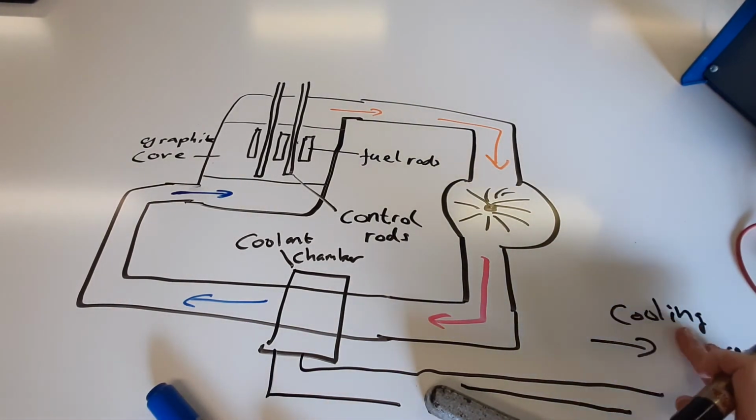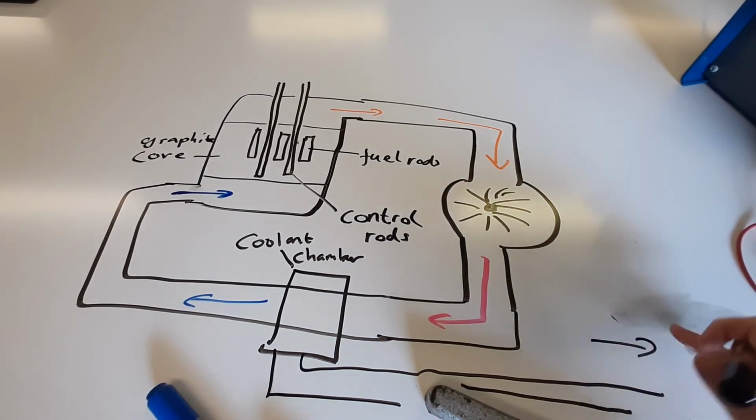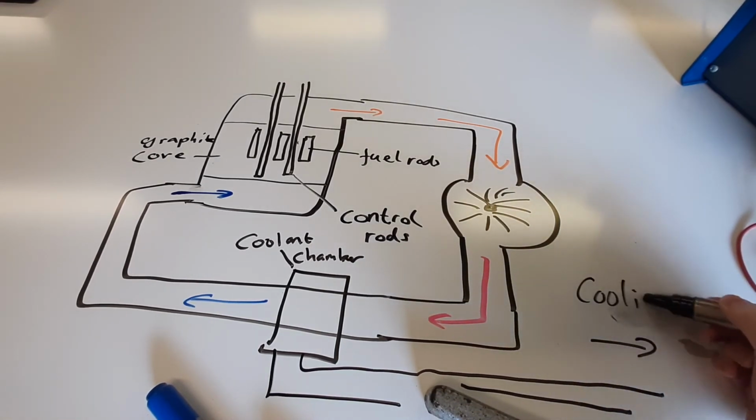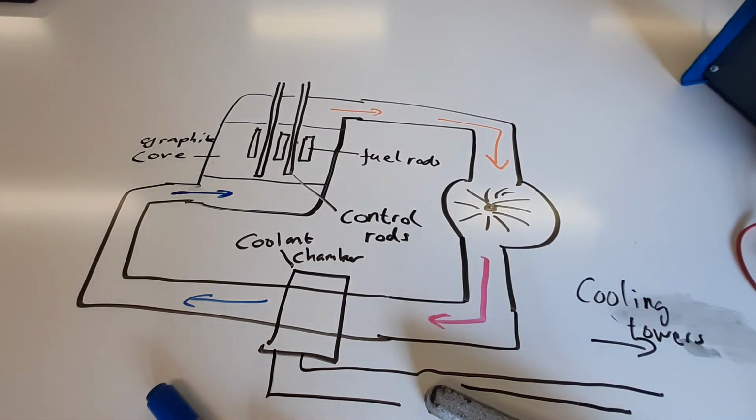Oh, hang on, that's completely off screen. Cooling towers. And that's going to be the big tower-shaped things with a little steam coming out of it. There's going to be a small pump driving water around here to cool things down. And that's going to be largely disconnected from the nuclear reactor, which means that you contaminate the surroundings as little as possible with any radioactive material.